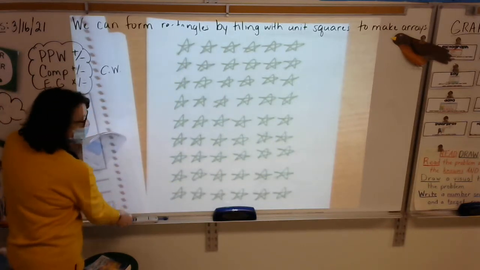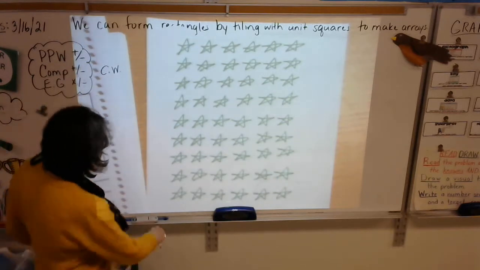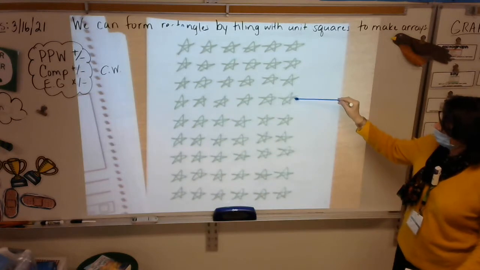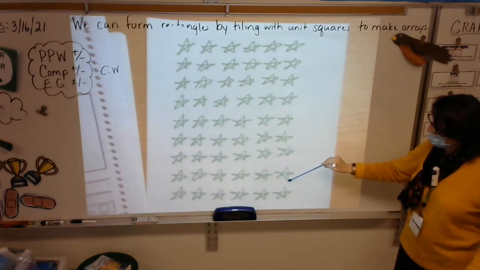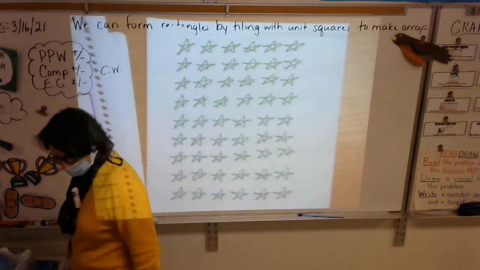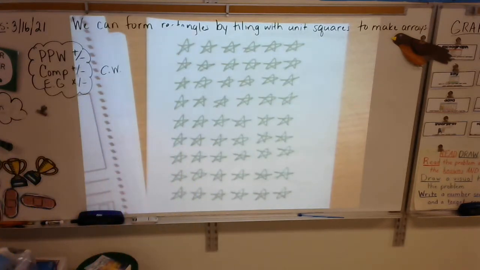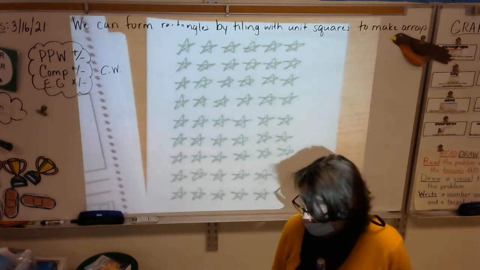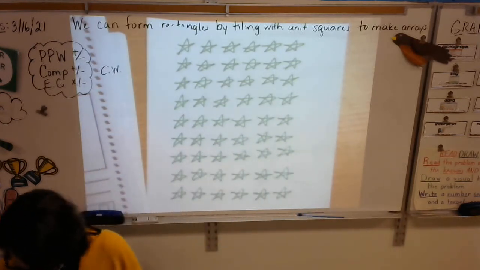How many rows are there? You see that one, Gus? 6. Say that's 1 less than 6.